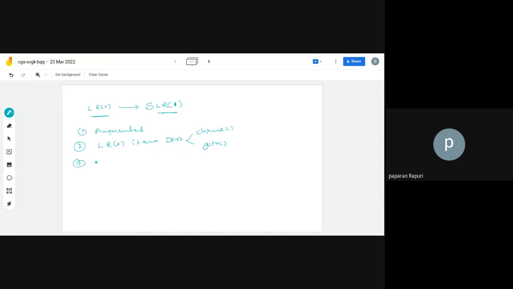After that, we constructed the parse table. This is what we did in LR0.